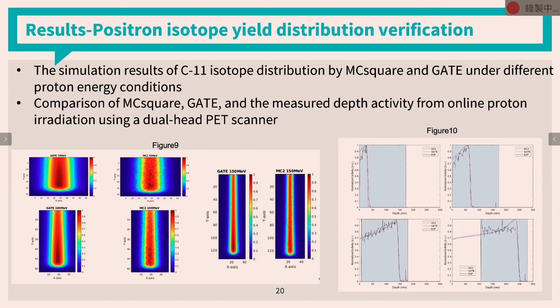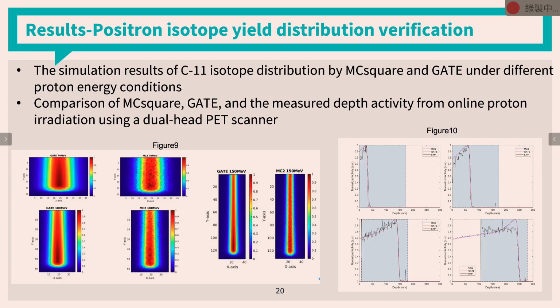And look at figure 10. The simulation results show that MC² and GATE are highly consistent in depth and lateral activity distribution, confirming the accuracy of the method. When compared with the experimental measurements, the distal range shows good agreement. The average ΔR50 is smaller than 2 millimeters.